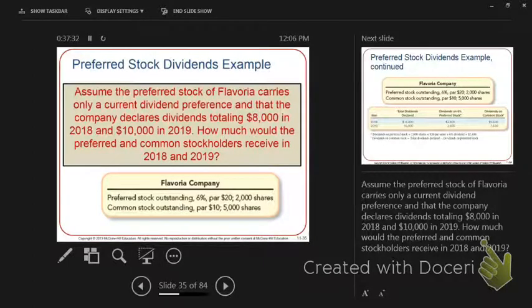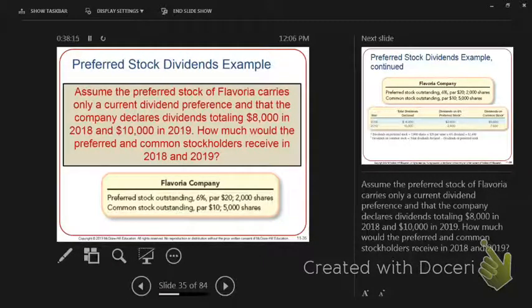The way you calculate how much they have to pay is you take 6% times par times the number of shares. So 6% times 20 times 2,000 is 2,400. That means that every year, depending on the type of stock this is, they have to pay a $2,400 dividend to preferred stock.